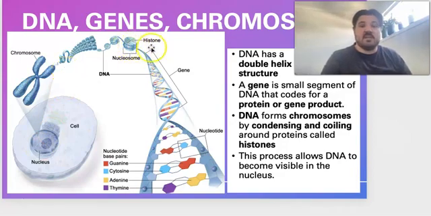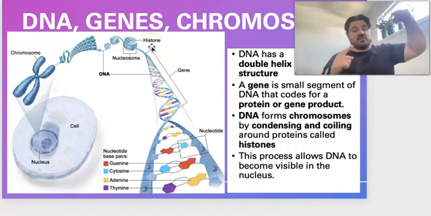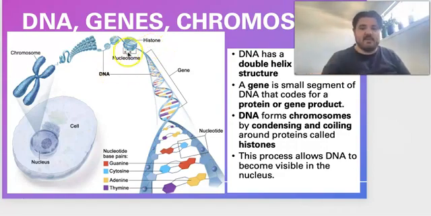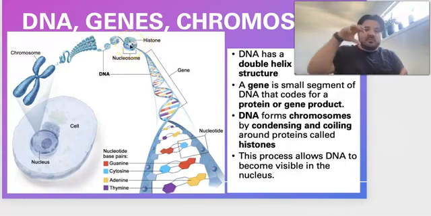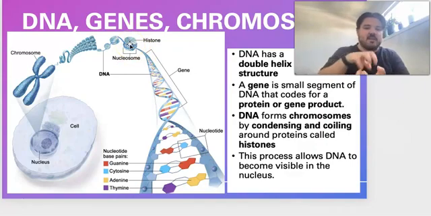You can see in this little image here. A histone is a protein, and the DNA is essentially like a shoestring that wraps around the histone and forms these nucleosomes, and then a whole bunch of nucleosomes get packed down together. It gets really, really squished, and then eventually you end up with a chromosome.